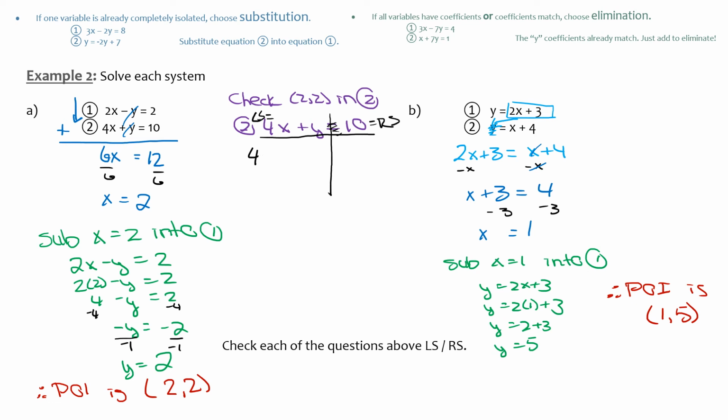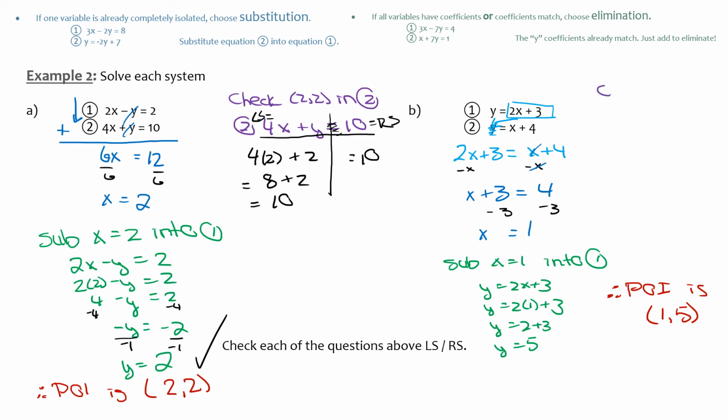Move all that over. 4 times 2 plus 2. That gives me 8 and 2, and that gives me 10. And my right side, of course, is a 10. So 2, 2 is good. Now let's check the other one.